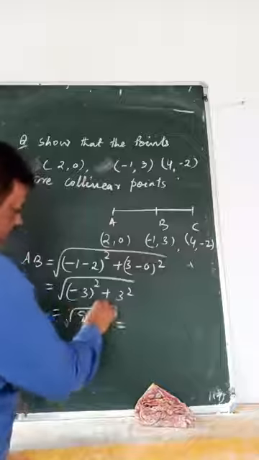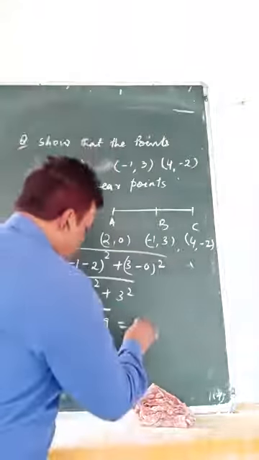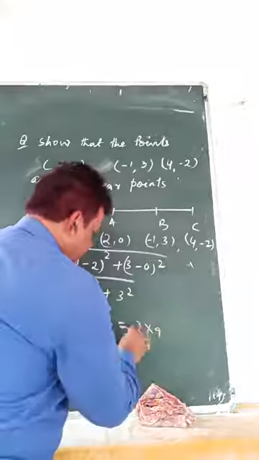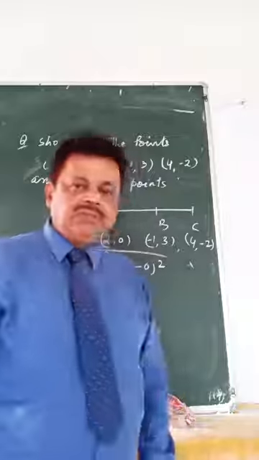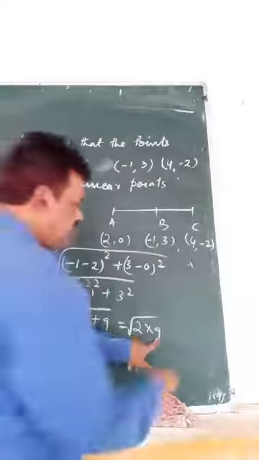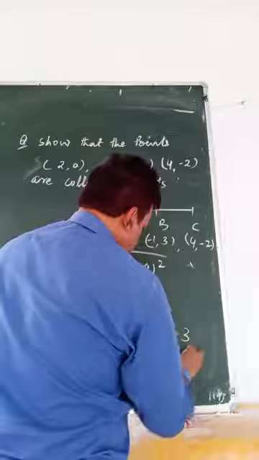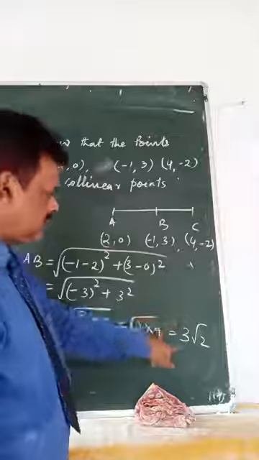So learn a technique. How many 9s? Two 9s. Two 9s means you write 2 into 9 root over. Big numbers also will come, you will try to solve in this way when same numbers are there. So 2 into 9 means root 9 is 3, and 2 means root 2. So AB you got 3 root 2.